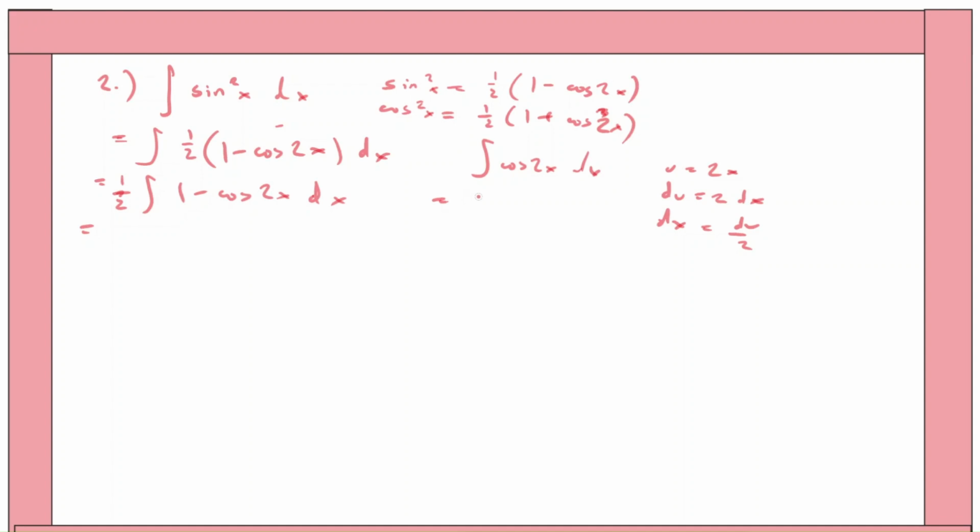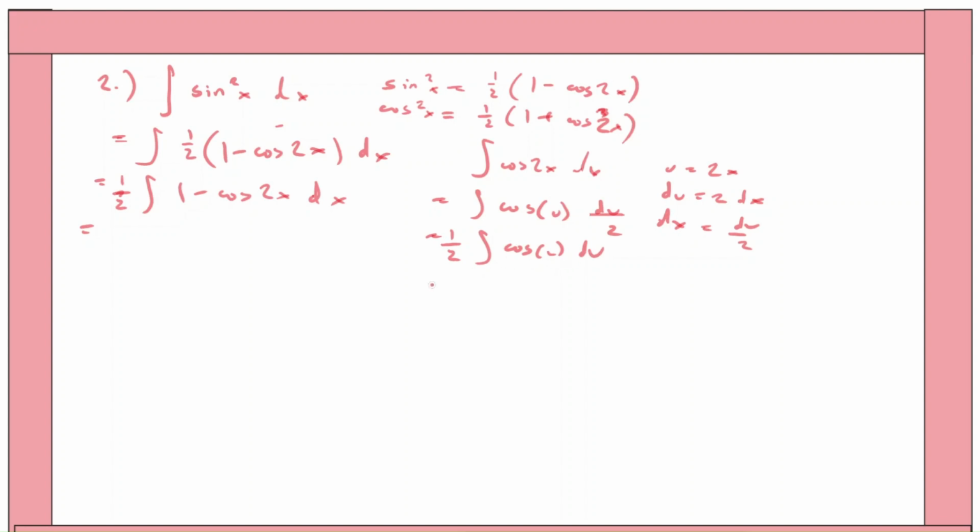Then we would say, okay, it's going to be the cosine of u, and our dx turns into du over 2. We'd bring out the 2, which is just a 1/2, since it's 1 over 2 here. We'd bring out this 1/2, then it'd be the cosine of u du.